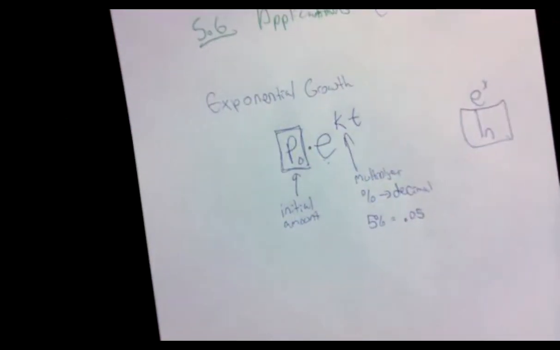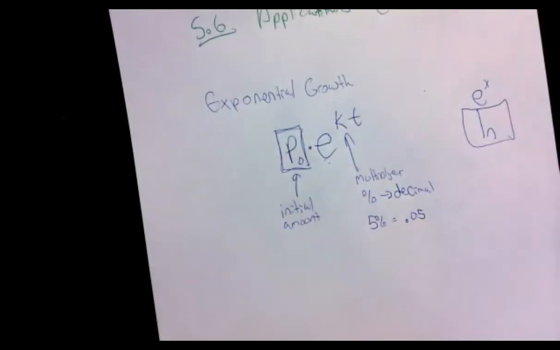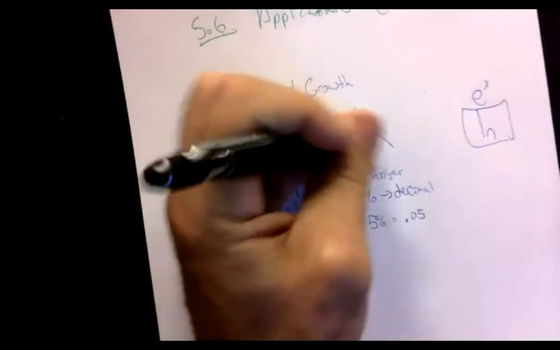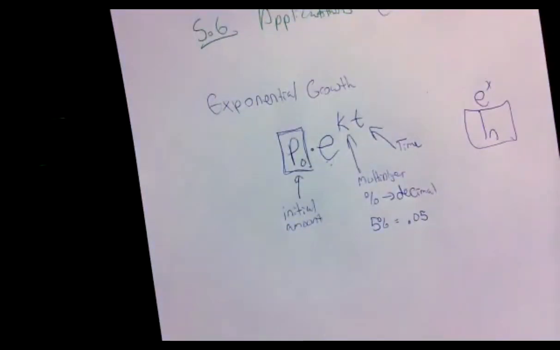So whatever decimal, if they give it to you as a percent, we need to convert that to a decimal. And then t is going to stand for time. So they're going to give you various problems that are going to plug into that formula.